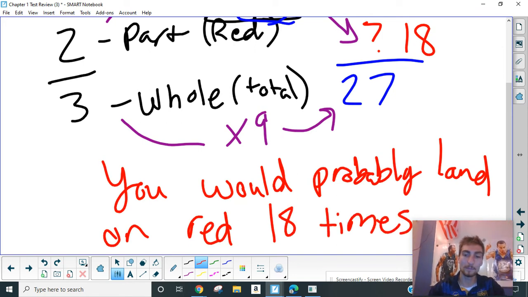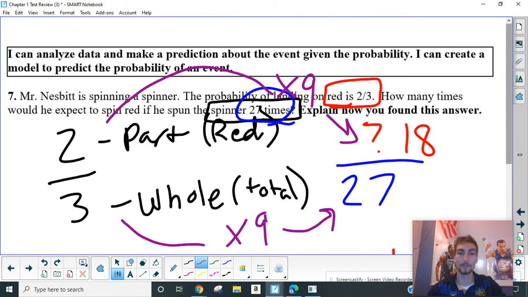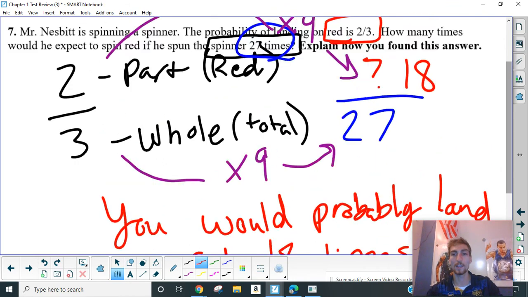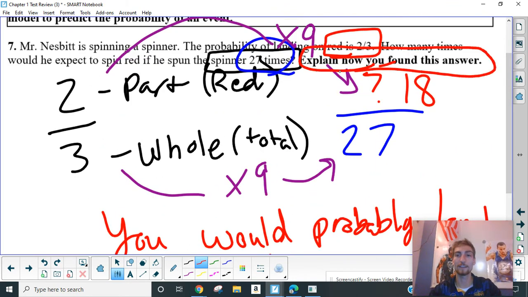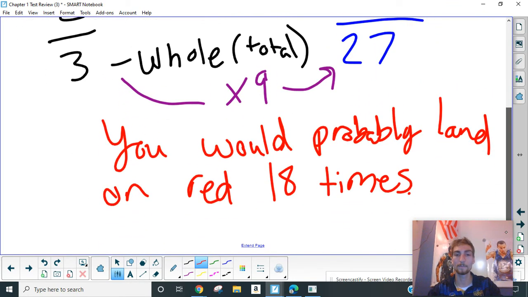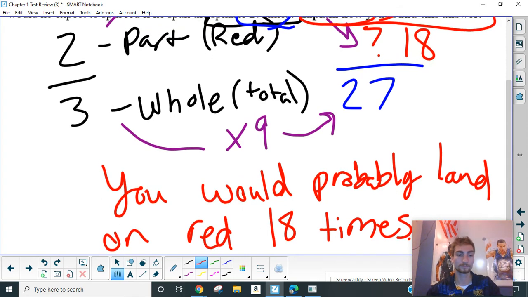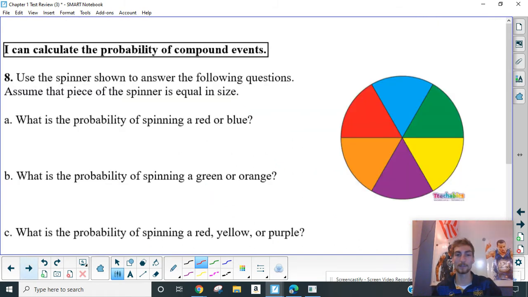So here we're making a prediction based off of the given probability. And we actually did that final part, explain how you found your answer. That reasoning is so important on the test. That's how I know you didn't just write down the answer because you found the answer online or something, okay?